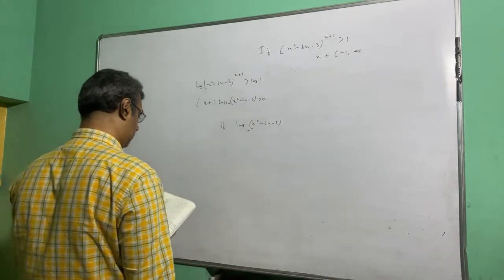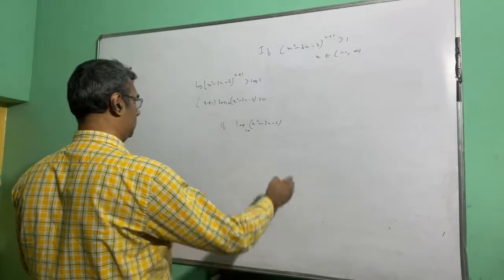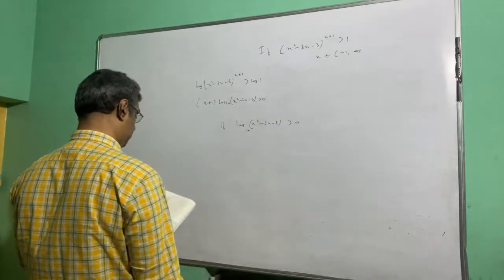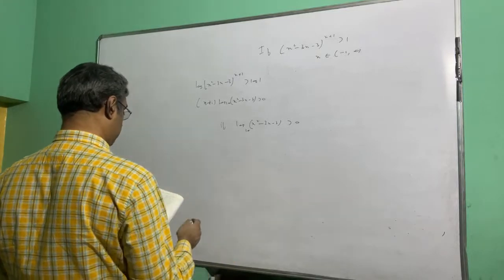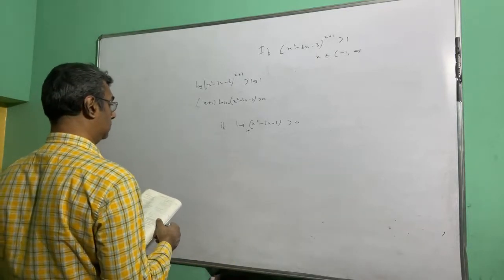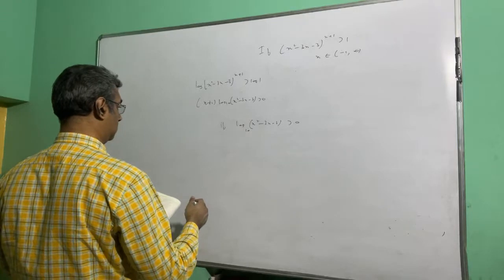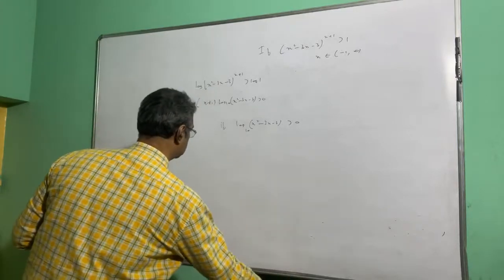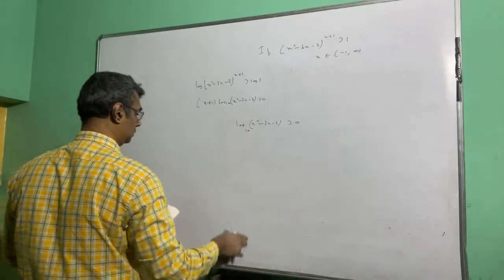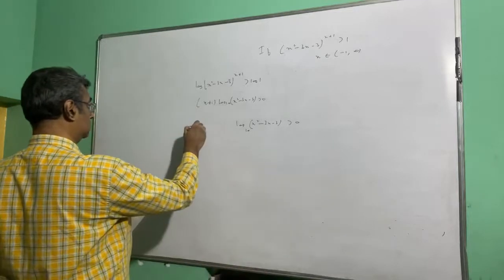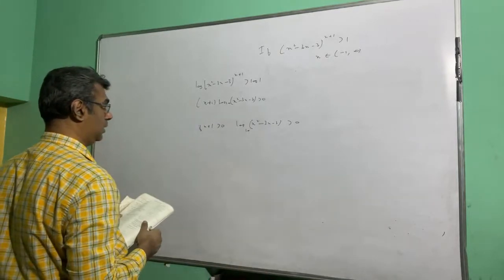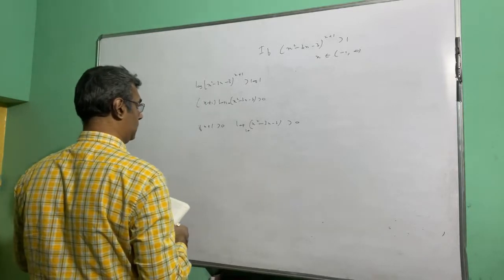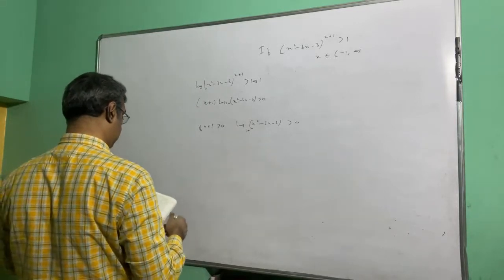So suppose x plus 1 is positive and log base 10 of (x square minus 3x minus 3) is positive.